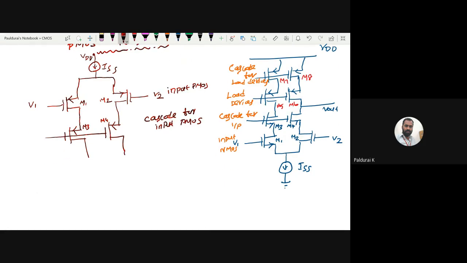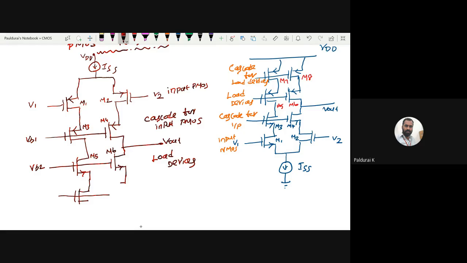So now coming to the load, what do we do? We use an NMOS current source. So this is my NMOS current source. Let me call this M5, this is M6. So here we want to measure the output, right? And this is my load devices. Take this as VB1, and this as VB2. Now the cascode for load devices, and it must be connected to ground.